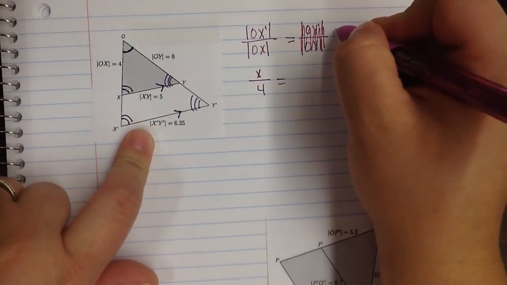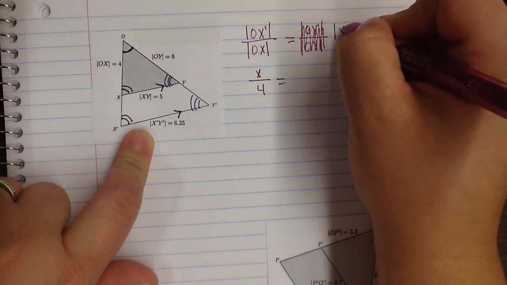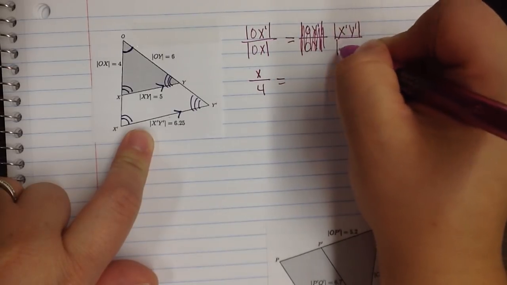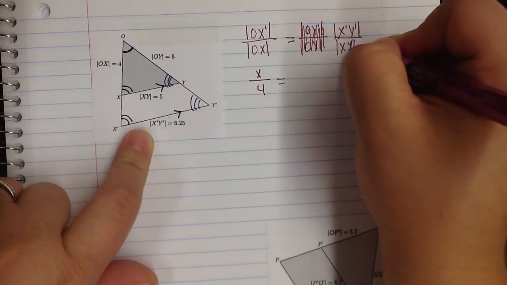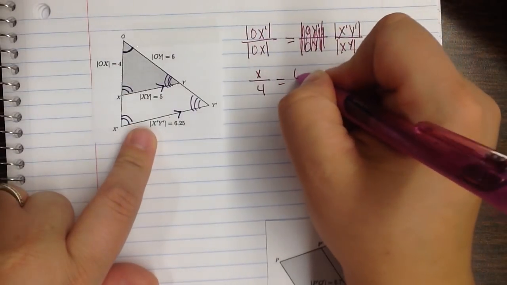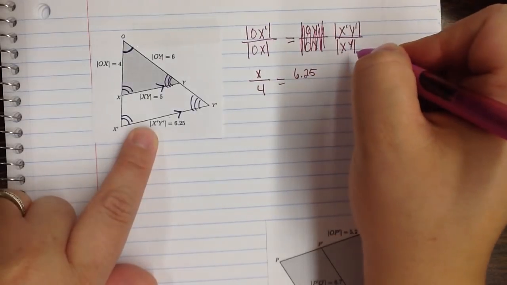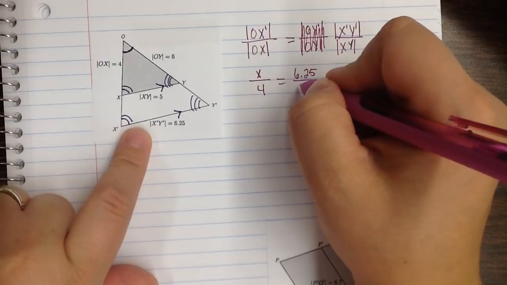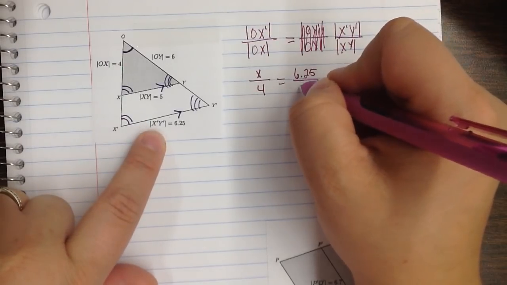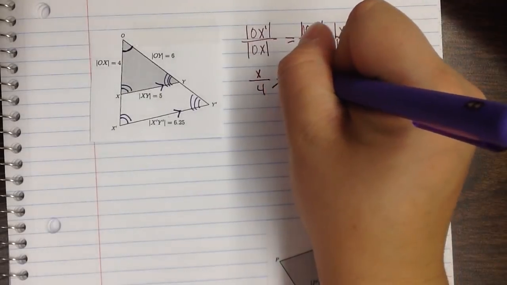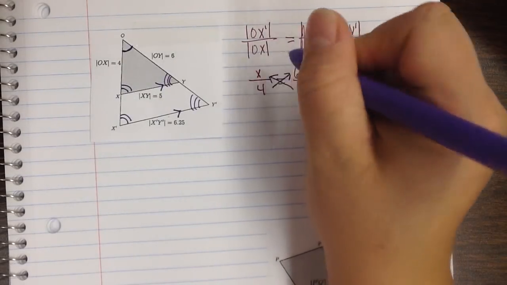Okay. So the distance from X'Y' over the distance from XY. We have to use one that has them both listed. So 6.25 is the distance from X'Y', over the distance from XY, which is 5. So again, we're going to use cross products, cross multiplication.